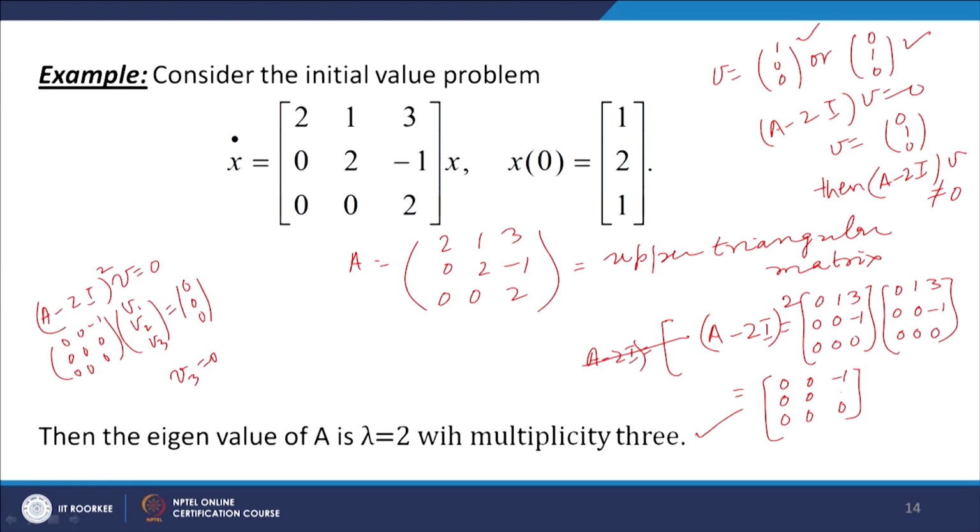If you multiply again by A minus 2I, which is 0 1 3, 0 0 minus 1, 0 0 0, okay. So, this is (A minus lambda I) whole cube.